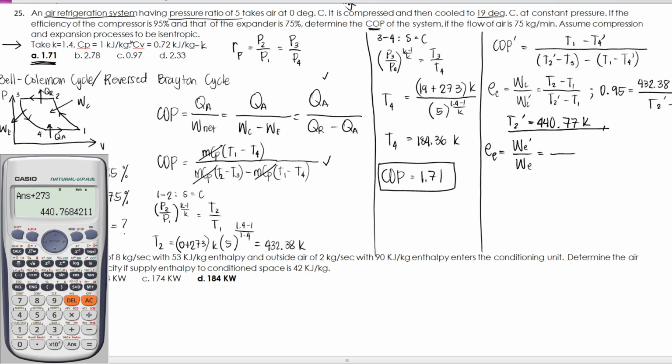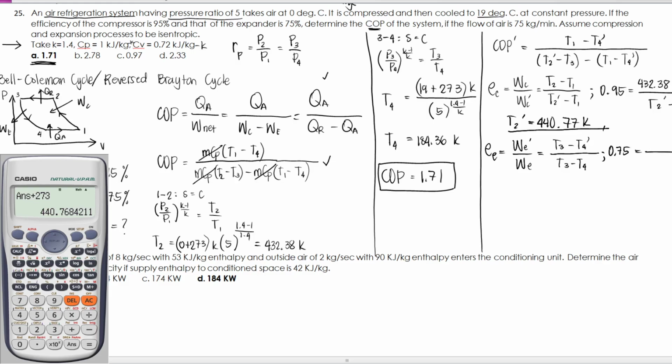At in terms ng change of temperature, ang para kay actual ay T3 minus T4 prime over T3 minus T4. So, substitute natin, hanapin natin si T4 prime. Okay, so expander efficiency 75% or 0.75.